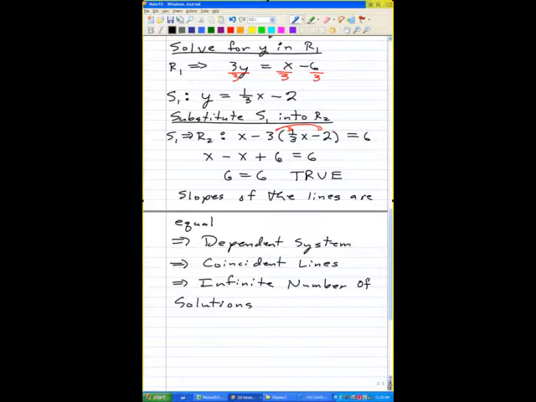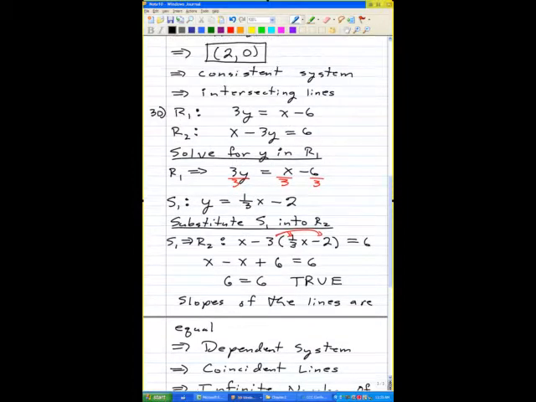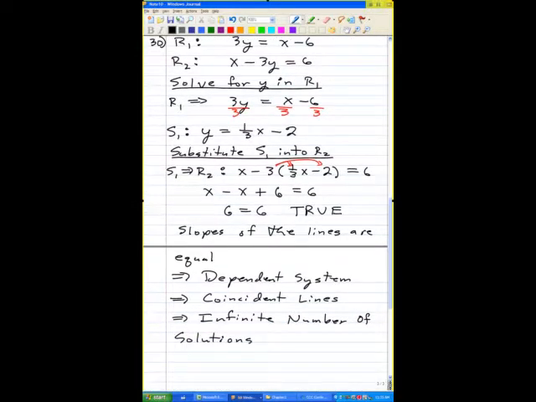Well, I can either say that the solution is any of the equations, either R1 or R2, because they're both the same equation. So I could just say R2 is the solution. It's all ordered pairs which solve that line.